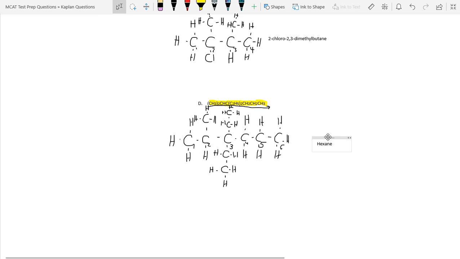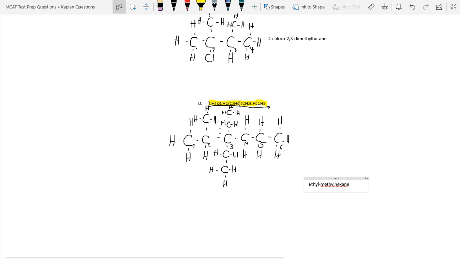And I'm going to look at what's connected to my chain. So I have ethyl groups and I have methyl groups. And I wrote ethyl first because in alphabetical order ethyl comes before methyl.